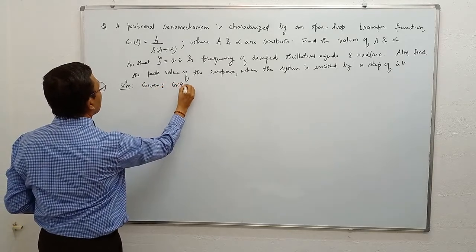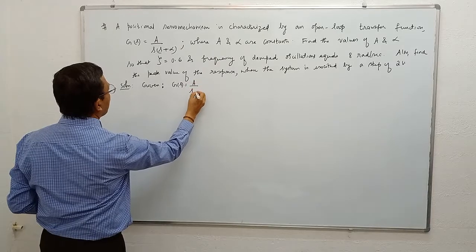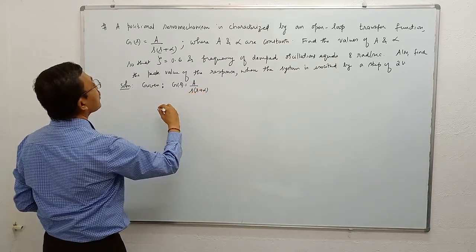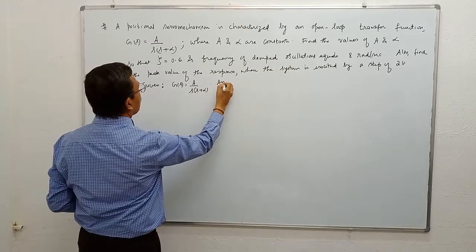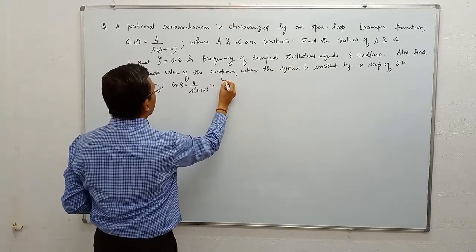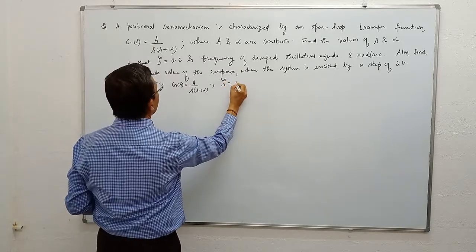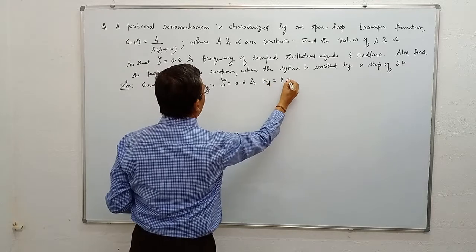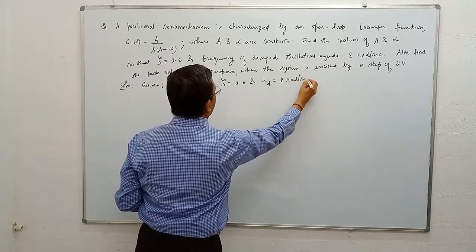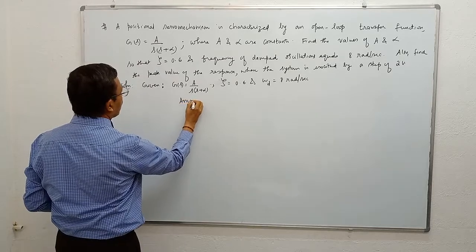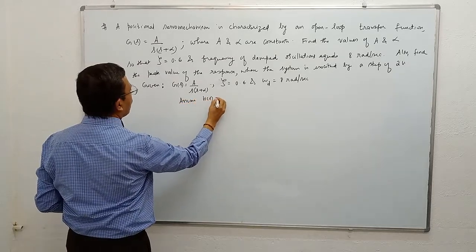Given G(s) = A divided by s into (s plus alpha). Assume zeta is equal to 0.6 and omega d is equal to 8 radians per second. Assume H(s) is equal to 1.